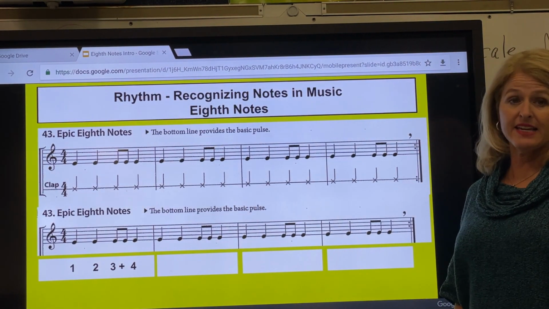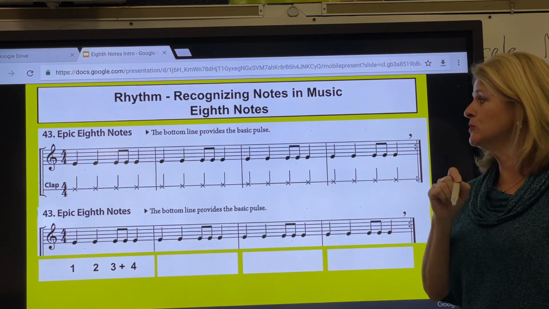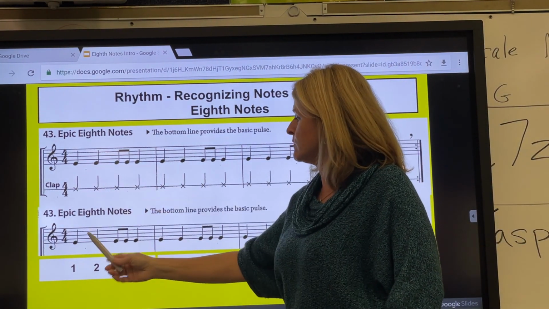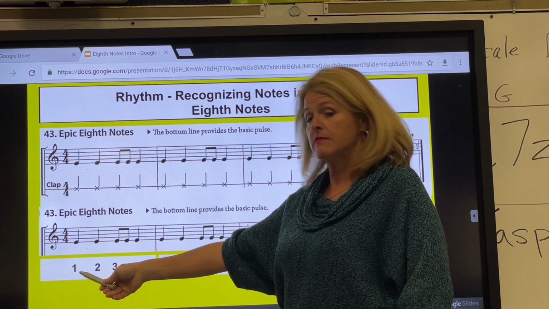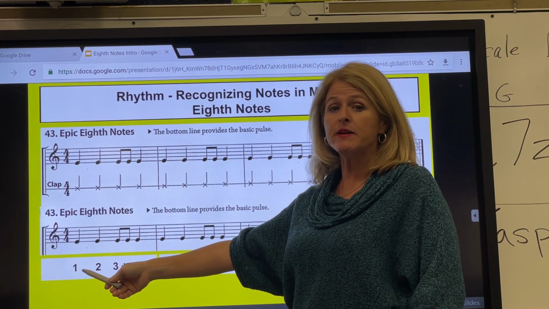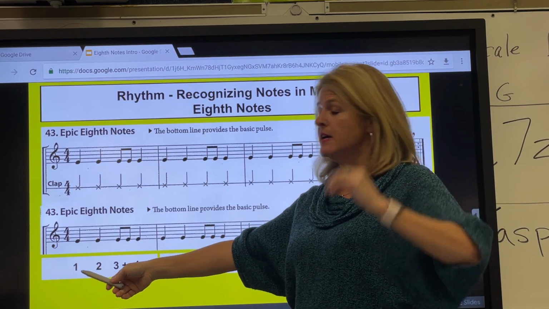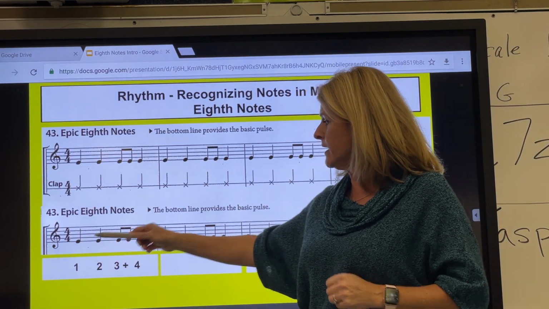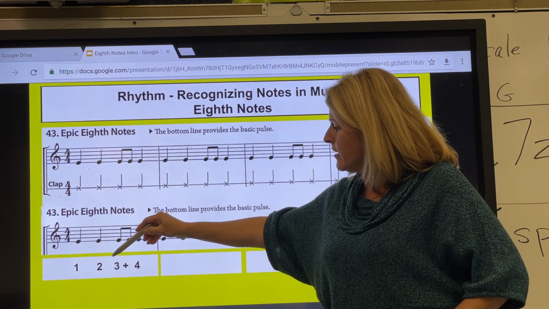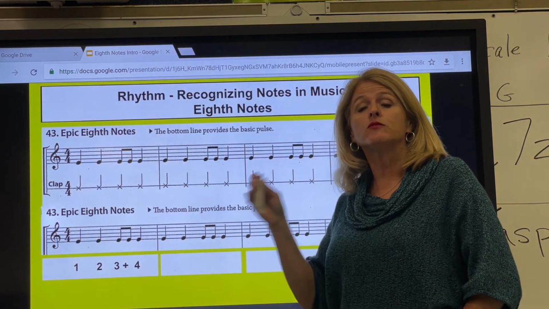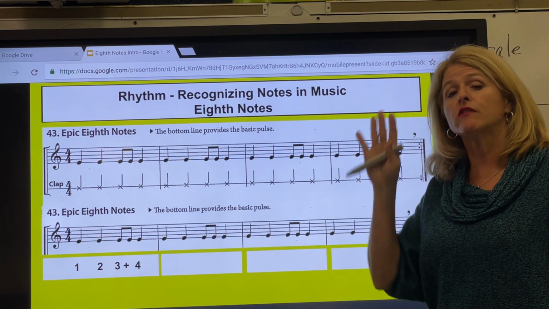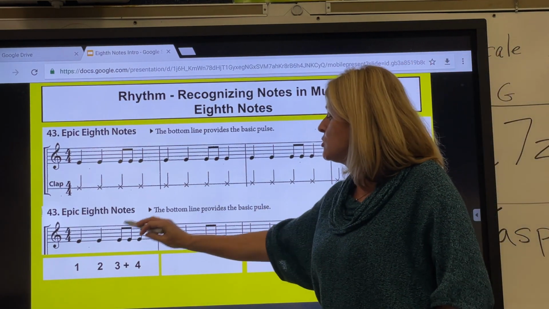So when we write the counts, and I want you to write this in your book, underneath the first note, as I have done here for you, okay, that's beat 1. We always start every measure with beat 1. That one quarter note gets all of beat 1, so your foot's going to go down, up. So put the number 1 right underneath that quarter note. Underneath the second note, quarter note, write 2, because that quarter note's going to be played on all of beat 2, so your foot will go down, up. Then you have 2 eighth notes.